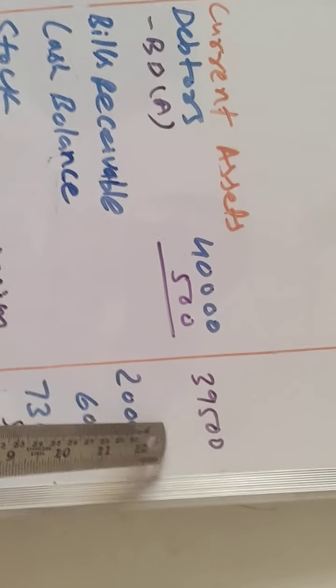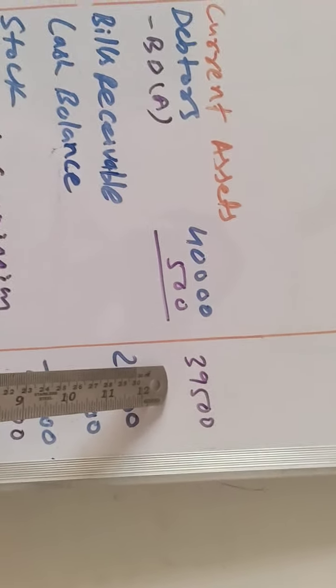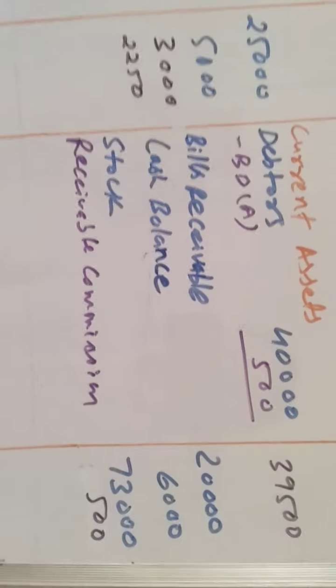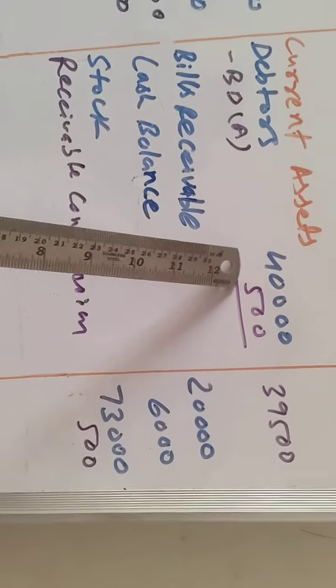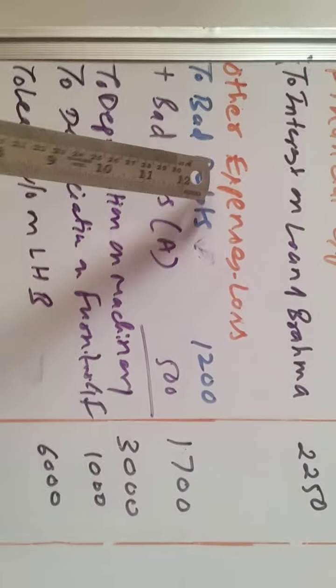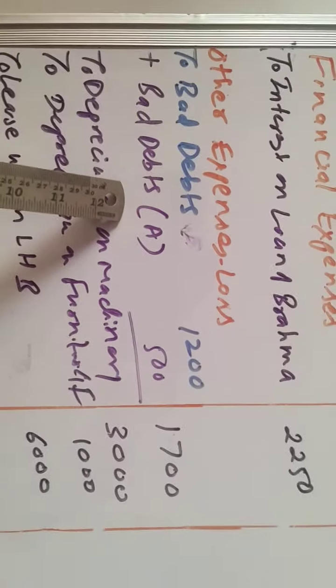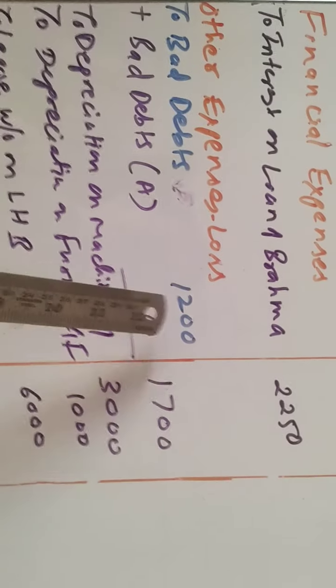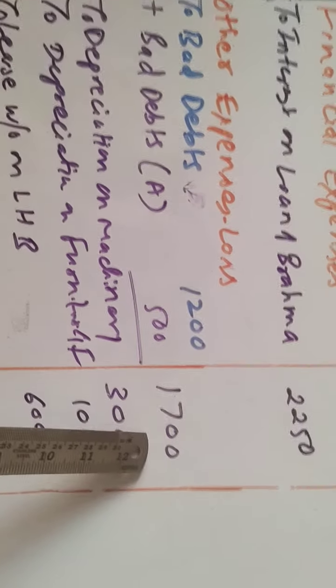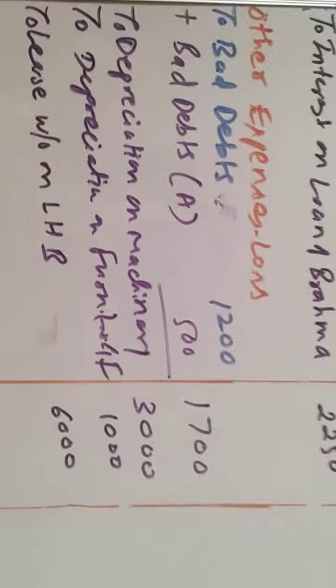After deducting, the outer column amount will be 39,500. The other effect of this will be again in profit and loss account debit side, bad debts, below that bad debts adjustment 500, adding that, total amount 1,700.